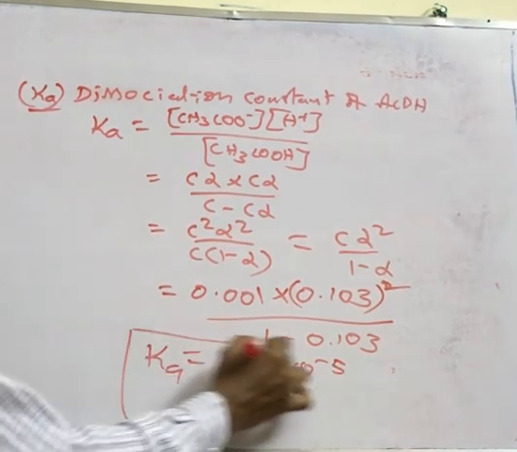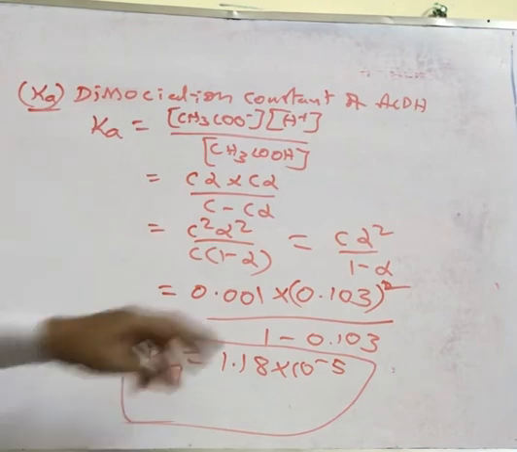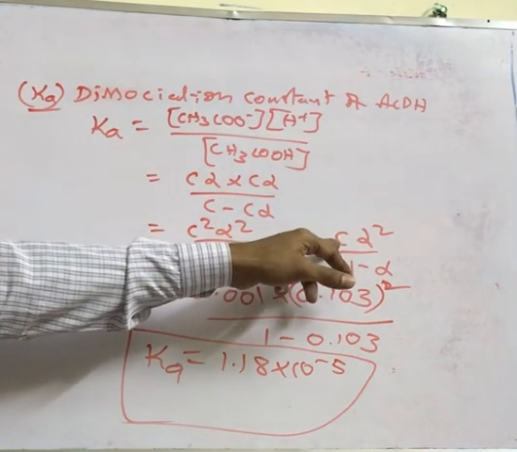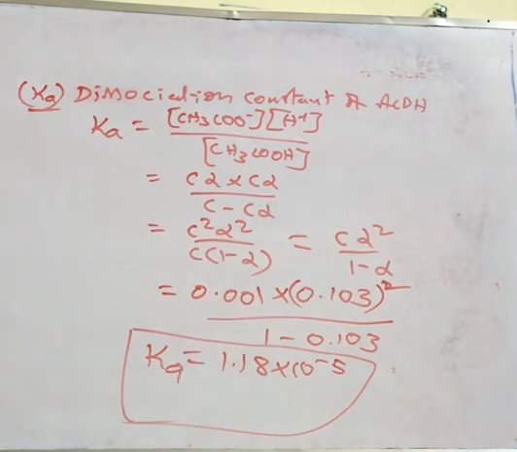This is the one they have asked: the dissociation constant of acetic acid. In order to get it, you will be using this equation. So you need the C, which was given in the question. Alpha you require. That's why in the second step we obtained the alpha, that is the degree of dissociation.